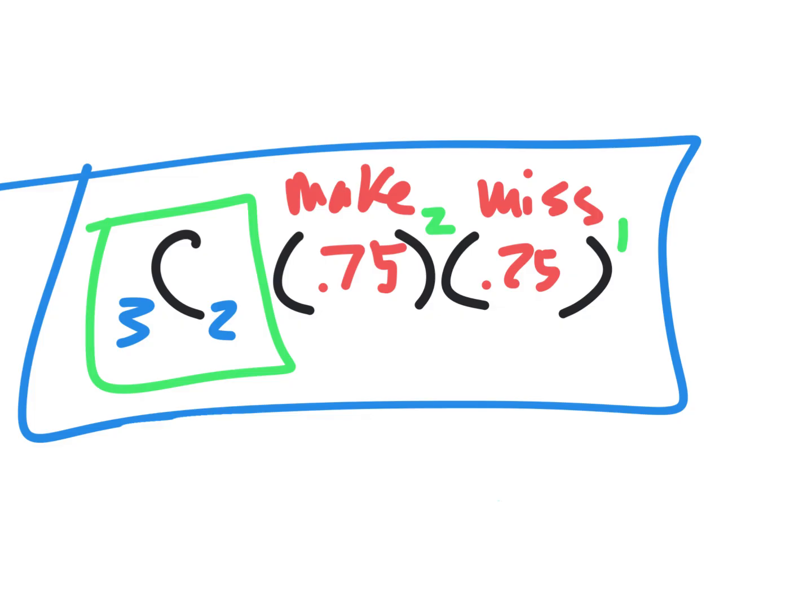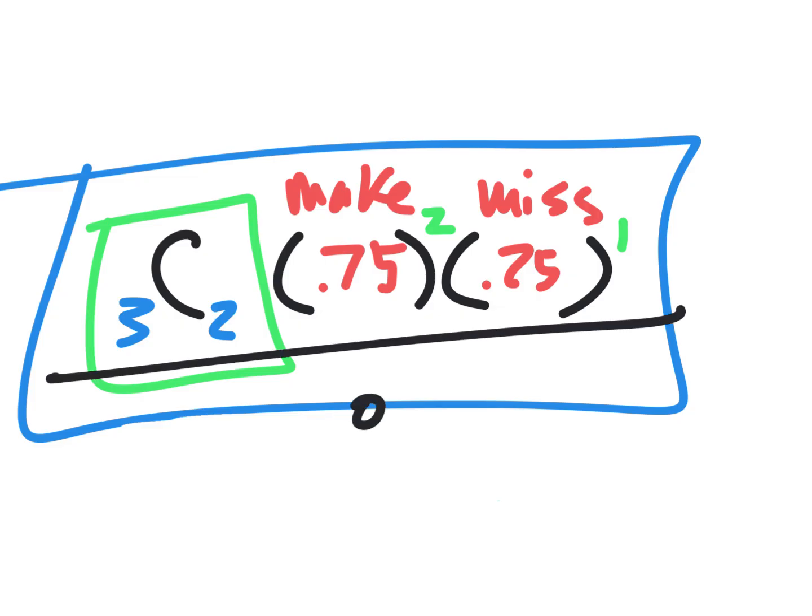Doesn't at least 2 mean the probability you're going to make 2 or 3? So then you got to do it twice. This was making 2, or you might make 3, and then you add them together. Okay, so figure out the probability. This was 2.